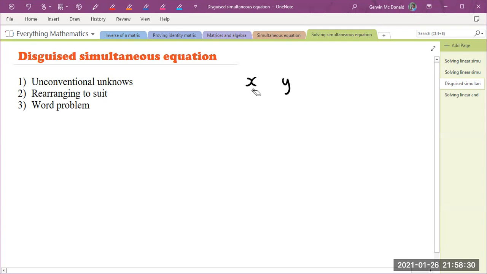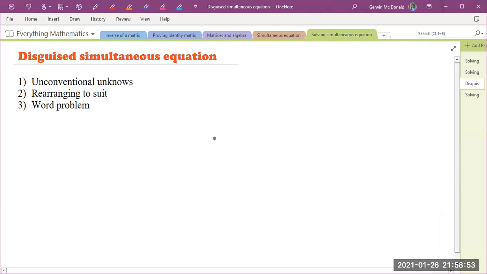But not all the time will you have an x and a y. Sometimes you'll have an a, or a b, or any other letter. Because we don't expect simultaneous equations to come with anything except x and y, mostly because of how we were taught. Even for me, to be honest, the first time I learned that it could be anything else, I was a bit surprised. I always thought it was about x and y.